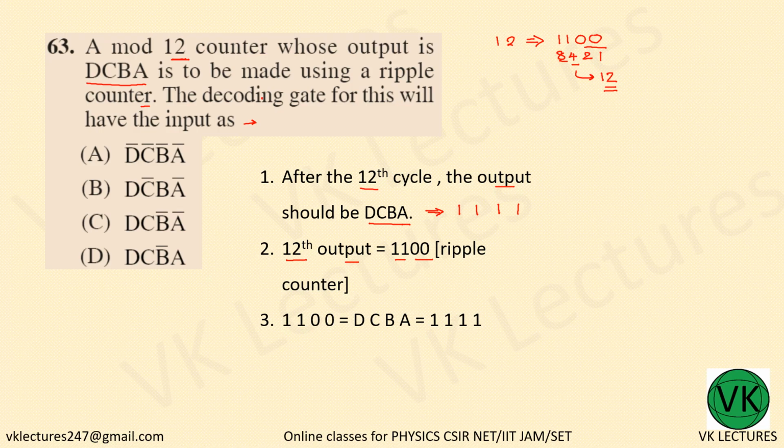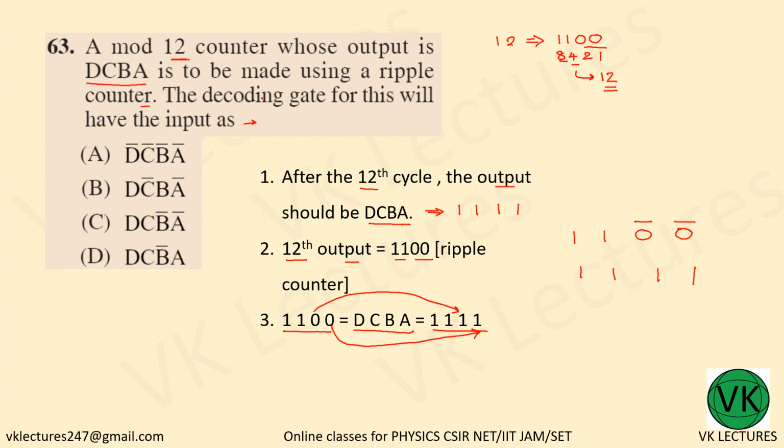1100, which means your 1100 should be the output as DCBA, which should be equal to 1111. In that case, this 0 should go to 1 and this particular 0 should go to 1. That means the last two terms, we have 1100, it should be written as 1111, which means this should be negated.